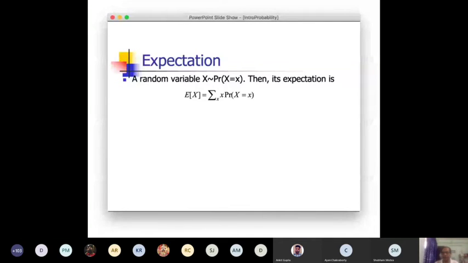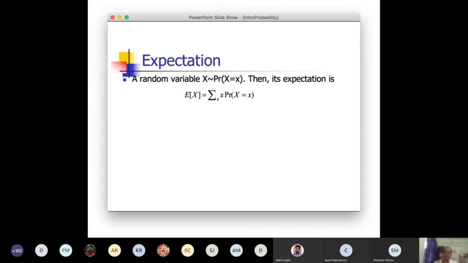I mean, what is the average over the whole experimentation? On the average, what is the value you will be getting? It can also be considered as something which is most likely, in a loose way.